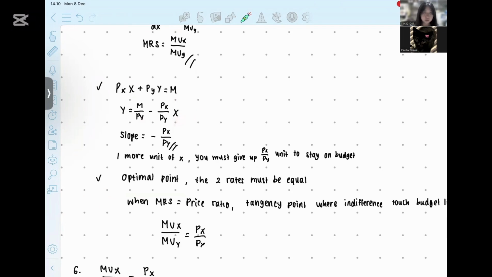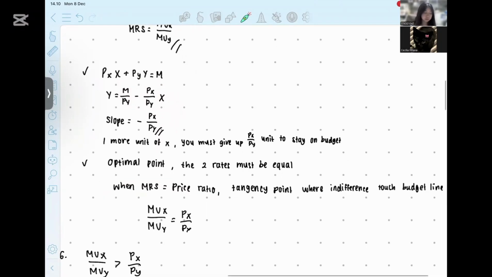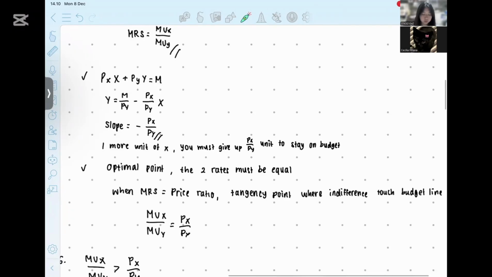So we now know that the intercept would be m per py, and the slope would be minus px per py. And this means the opportunity cost of x in terms of y. So when you want one more unit of x, you must give up px per py units of y to stay on the budget.